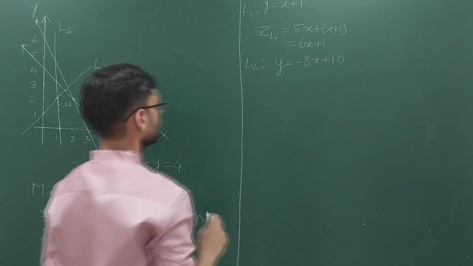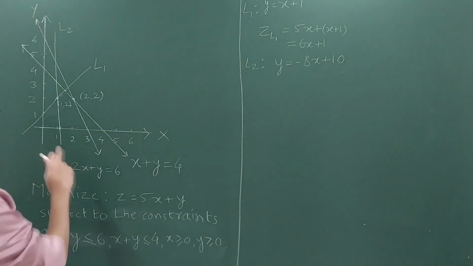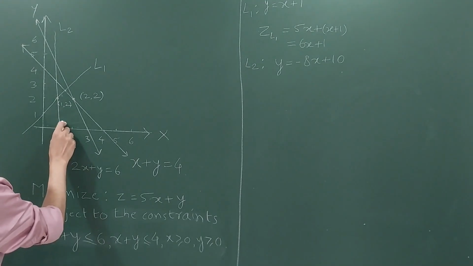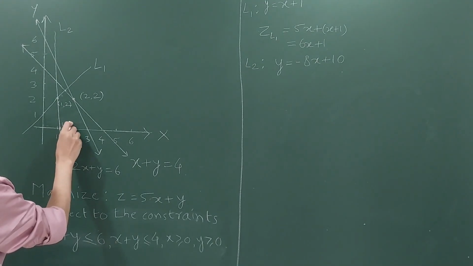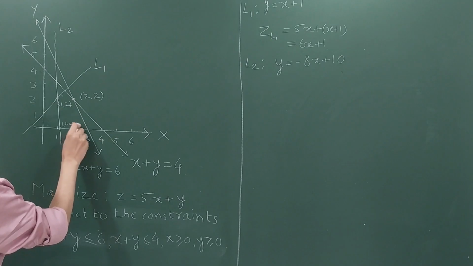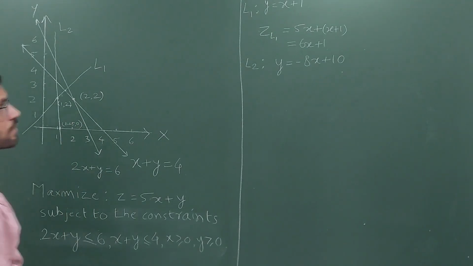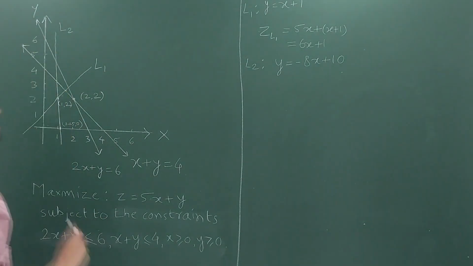You can verify that the equation of the line passing through these 2 points, this is 1.25 comma 0.